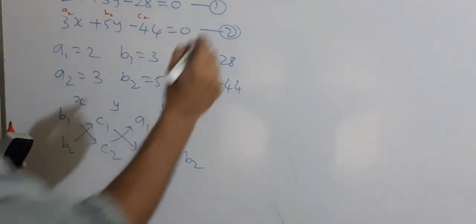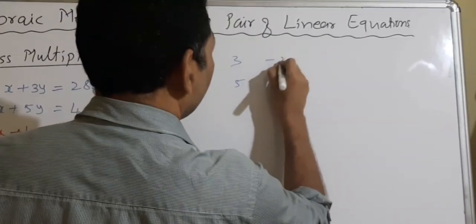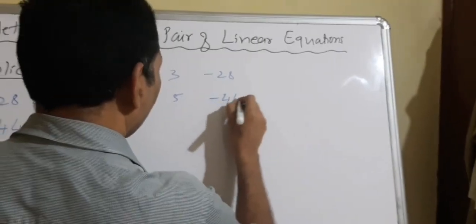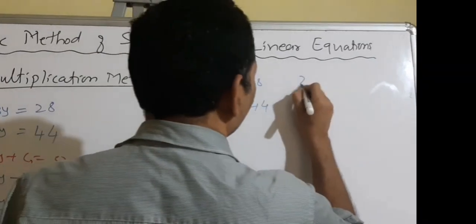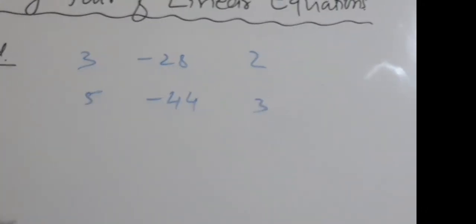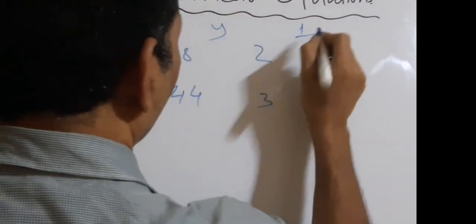So with respect to this, b1, b2, 3 and 5. c1, c2, minus 28, minus 44. Then a, 2, 3, and again b, 3, 5. Here of x, here of y, and here 1.